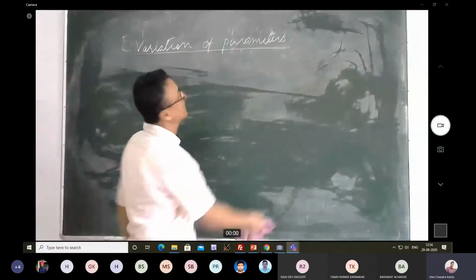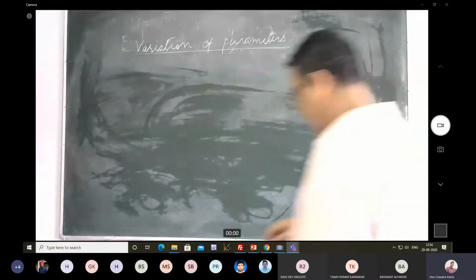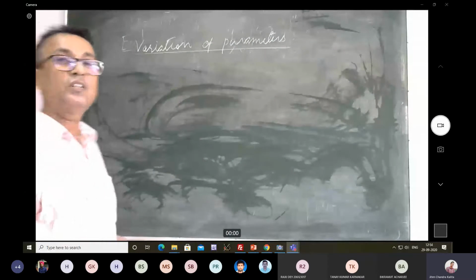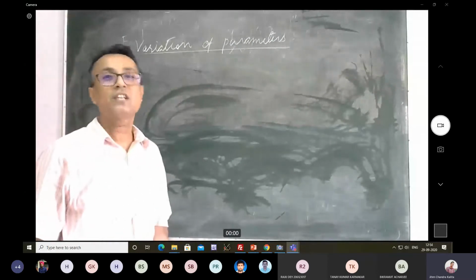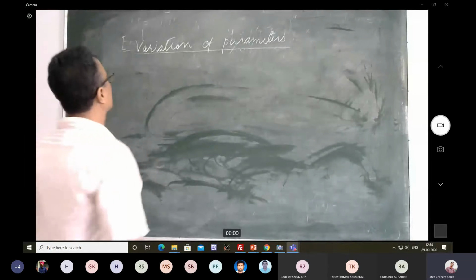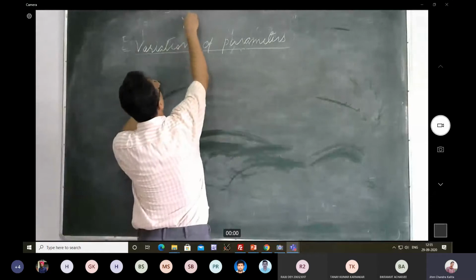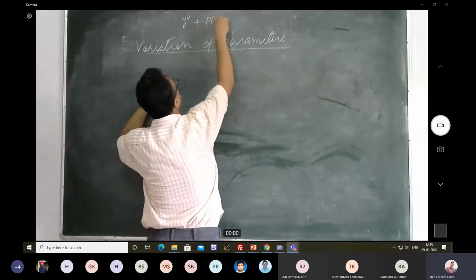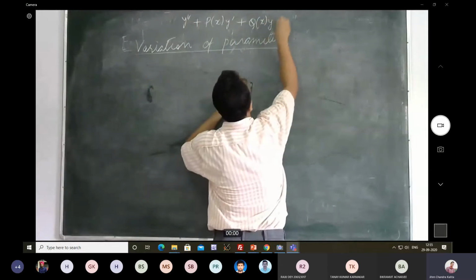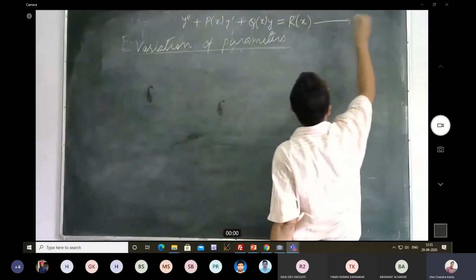Okay, fine. So, what is the method of variation of parameters? This pertains to the non-homogeneous linear differential equation. Let me consider the second order non-homogeneous linear differential equation in normal form, which equals R(x).